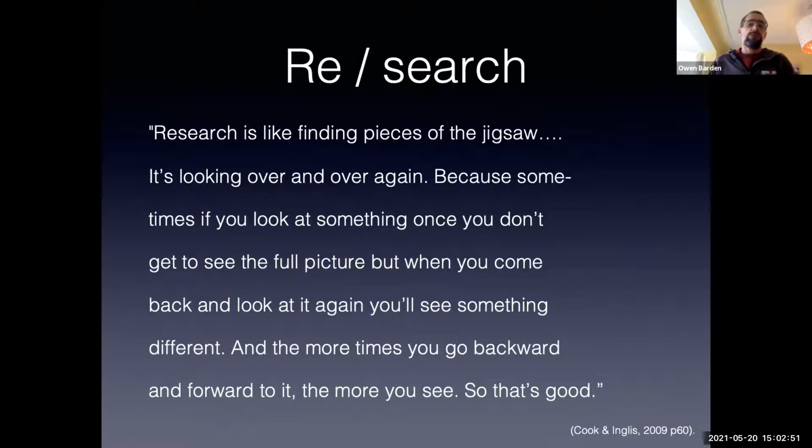Okay, so we've thought now a little bit about what we mean by research, and now I'm going to talk about two particular kinds of research that can be used to research the history of learning disability. Those are documentary research and then participatory research.